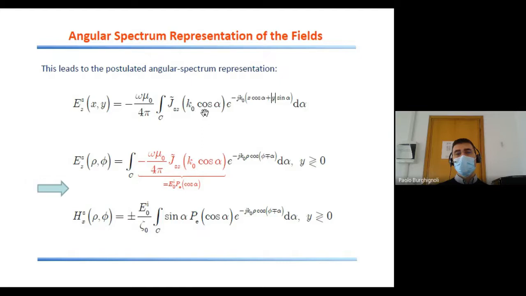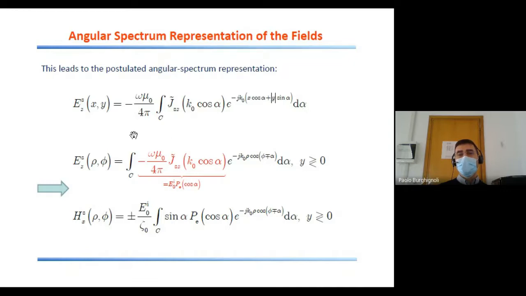So if you now include this, you may define the amplitude of the incident field times a function of the cosine of alpha that we may call P sub E, calculated at the beginning for the electric field.